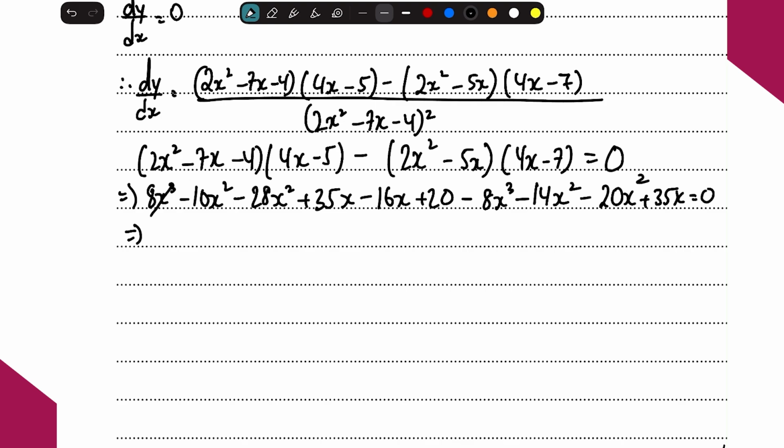Okay, so we cancel out a few of the terms, like they'll cancel out with each other. Then we've got the squares, so we've got minus 10, 28. Oh, all of them are minuses. That's kind of funny. So we've got this, and then this is going to be a plus.